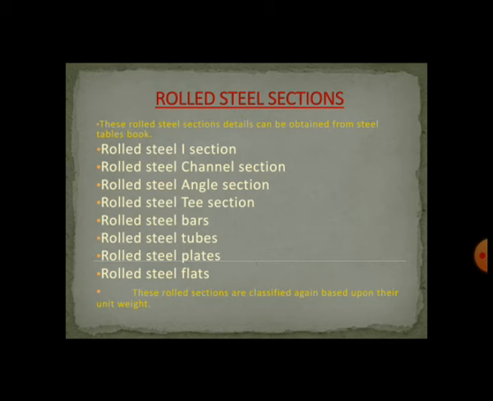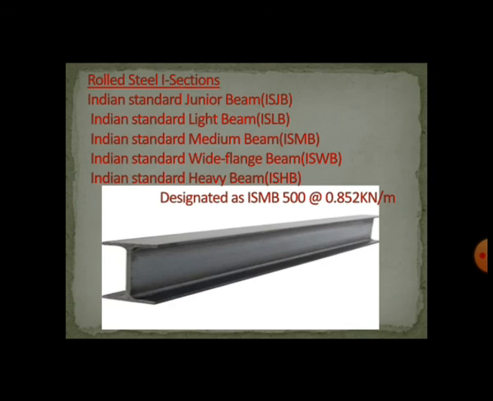These are the classifications based upon shape, and again based upon unit weight, I section is classified as Indian Standard Junior Beam ISJB, Indian Standard Light Beam ISLB, Indian Standard Medium Beam ISMB, Indian Standard Wide Flange Beam ISWB, and Indian Standard Heavy Beam ISHB. These are the designations for the beams.